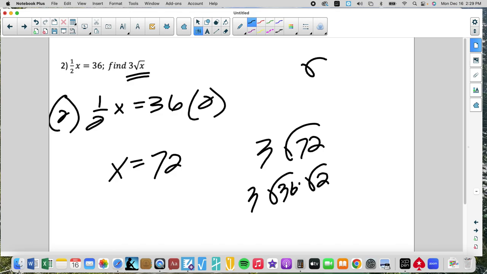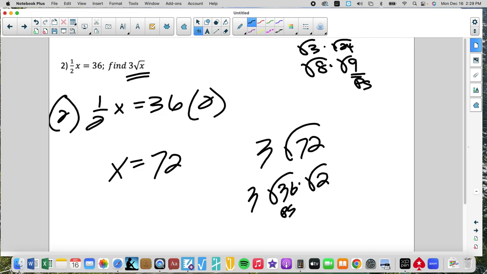Mr. Mack, why didn't you choose rad 8, rad 9? You could have, because 9 is a perfect square. But I picked 36 because that was the bigger perfect square. Could you have picked rad 3, rad 24?